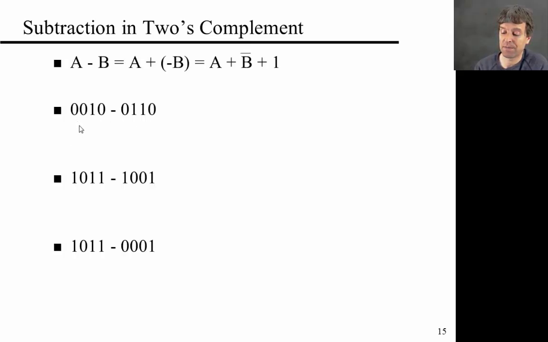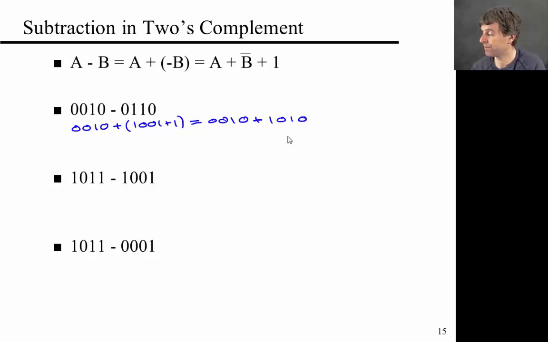So essentially here we want to do 0, 0, 1, 0 minus 0, 1, 1, 0. So let's just say that this is 0, 0, 1, 0 plus 1, 0, 0, 1 plus 1, which is equal to 0, 0, 1, 0 plus 1, 0, 1, 0.